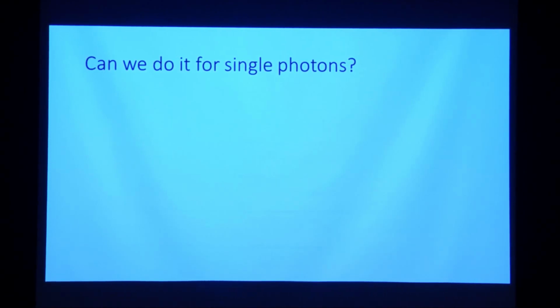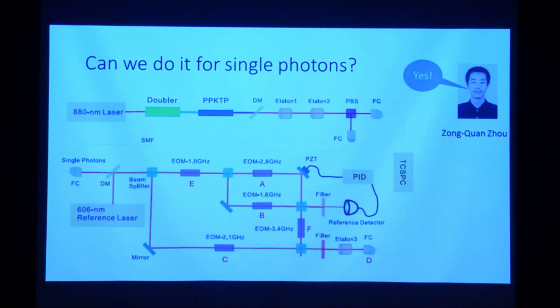I want to use them separately, not compare one to the other. So now I want somehow to put my information in a single photon. Is that possible? According to Jun Chan, yes. This is the guy that built this experiment.